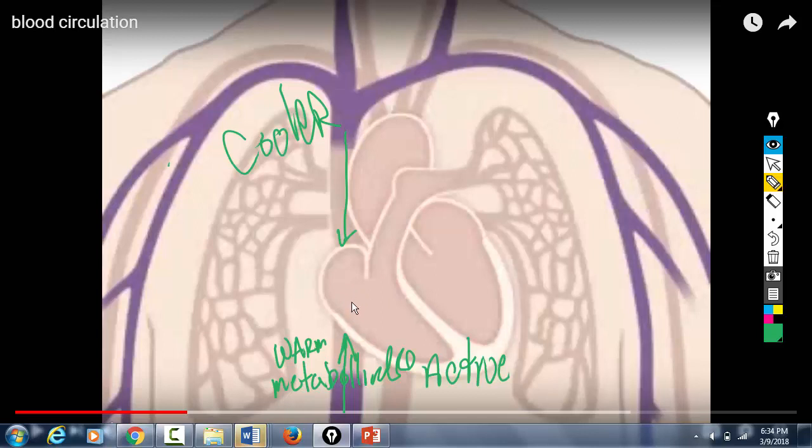So what's going to happen to the overall temperature of the blood as it gets into the right atrium? Yeah, it's going to go down, right?